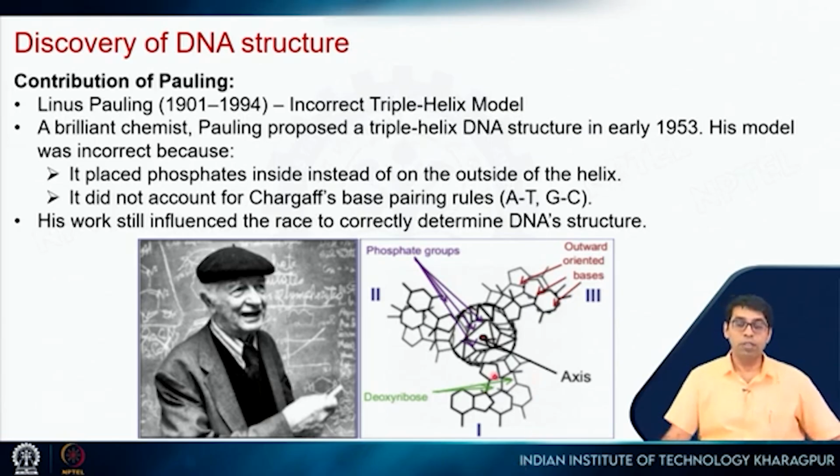But this model also led to the publication of the model by Watson and Crick in the same year 1953, and we will see that that was the correct structure. So even though this was not the correct model, he was able to influence this sort of race for discovery or explanation of the DNA structure.